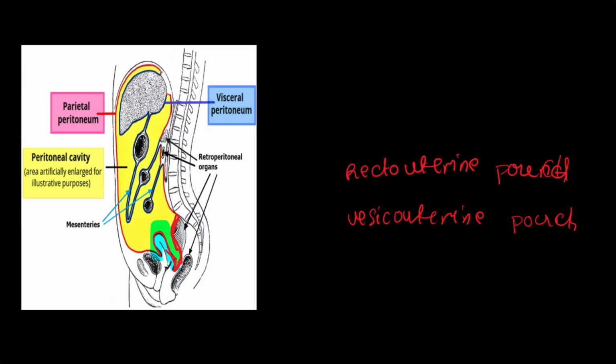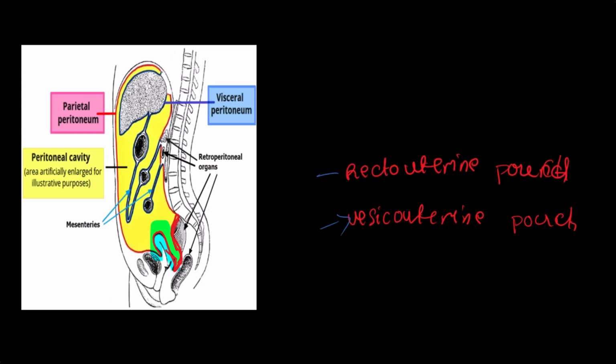In women that have endometriosis, these endometrial-like layers can actually form in the retrouterine pouch as well as the vesicouterine pouch. So with the presence of these endometrial-like tissues, implantation is likely to take place in these areas.